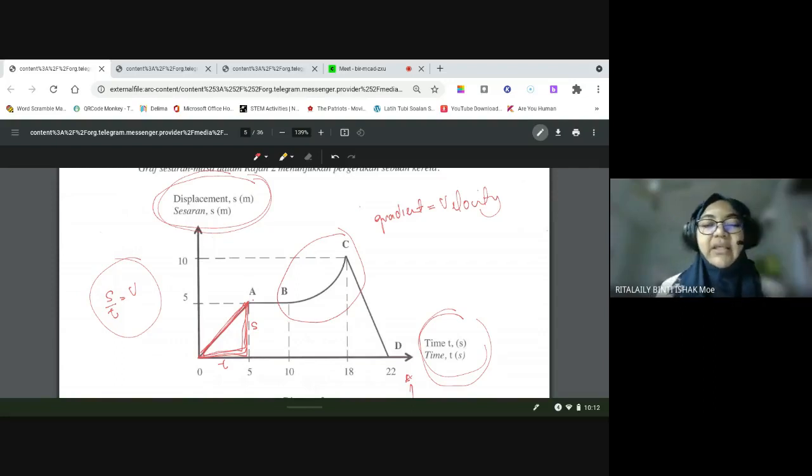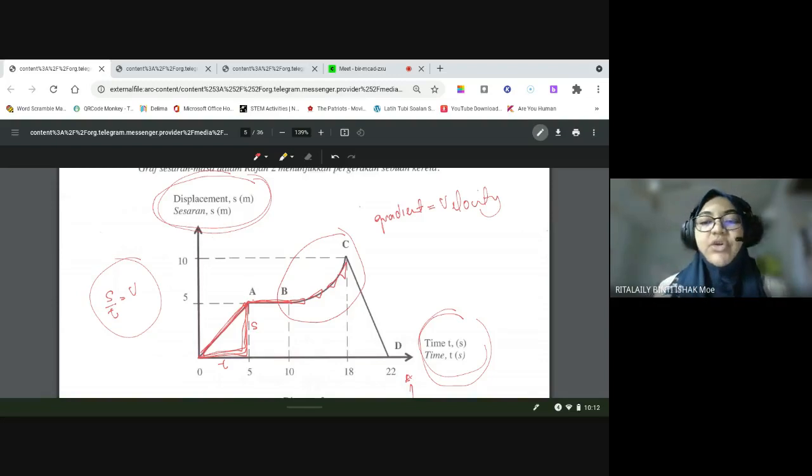What about A to B? A to B is at rest, okay, not moving, stationary. So B to C, okay, if you draw a triangle that represents the gradient, what happened to the gradient? Okay, so the gradient increasing.